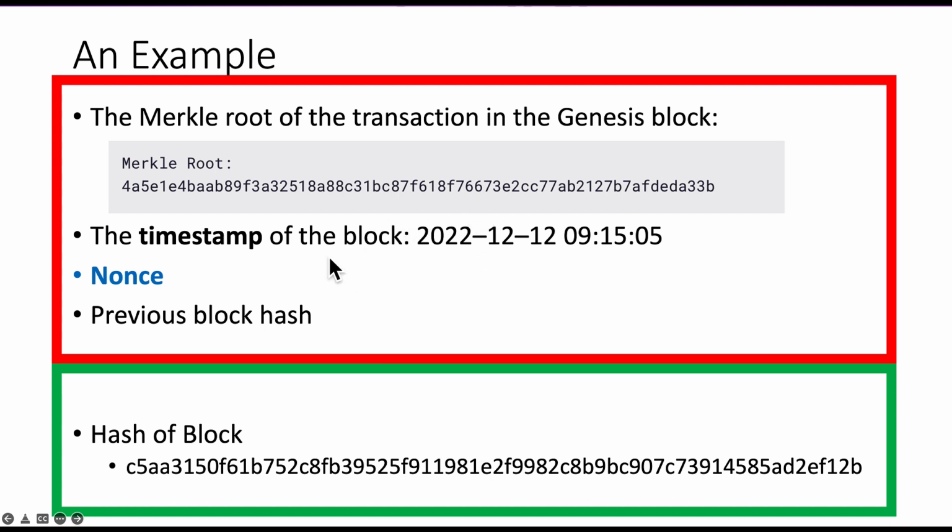But if there is no nonce, just the timestamp and the previous block hash and the Merkle root, no matter how we hash this block header with SHA-256, it's always the same, right? So that's where the nonce comes in.